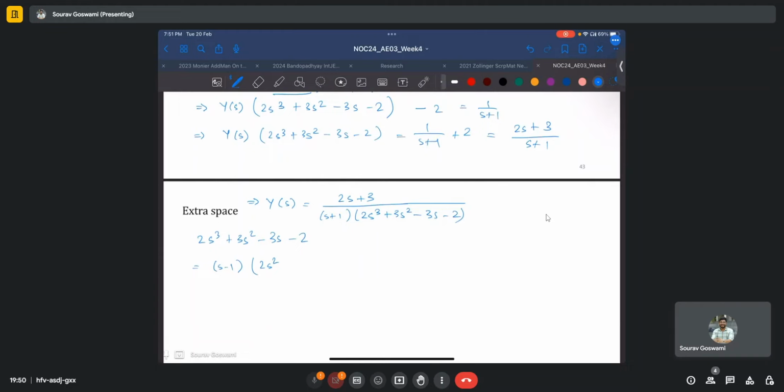Second term is 3s square, so plus 3s. With 2s cube, this will give me 3s square. 1 minus 3s, so I will have minus 3. And what about the constant? Do I get the constant?